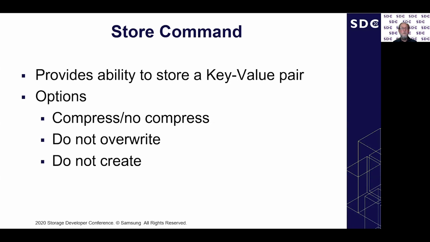The other option that exists is do not create. This is almost the inverse of do not overwrite, and it goes back to what I described in the previous slide.